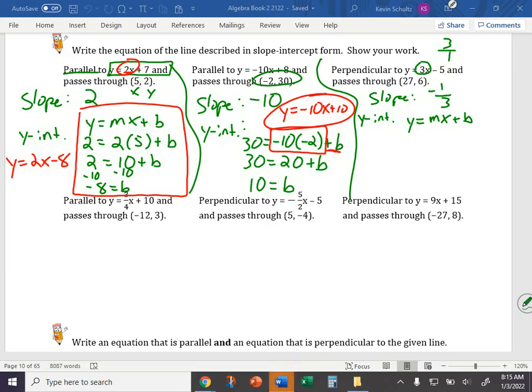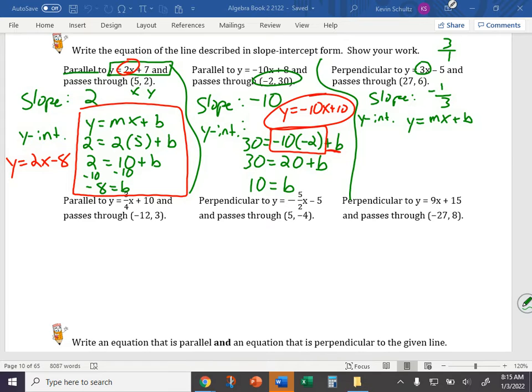We want to solve for b, which means we must have values for y, m, and x. Where do they all come from? Negative 5 is m. Nope. Damien, 27 is what? M. No. X.